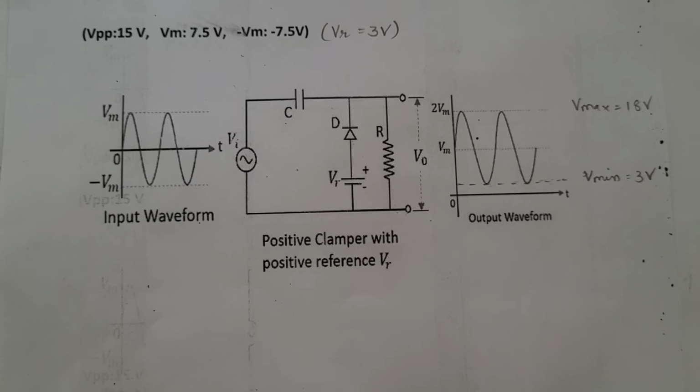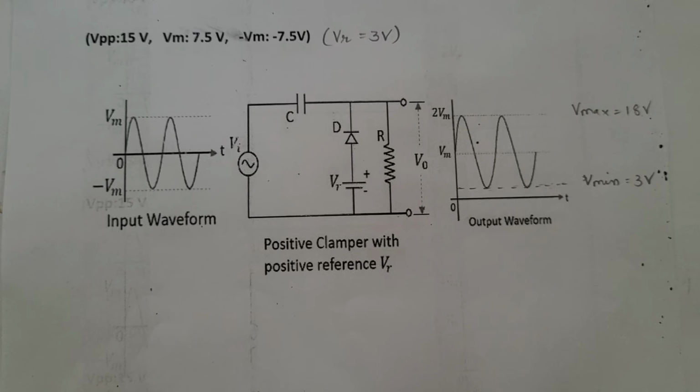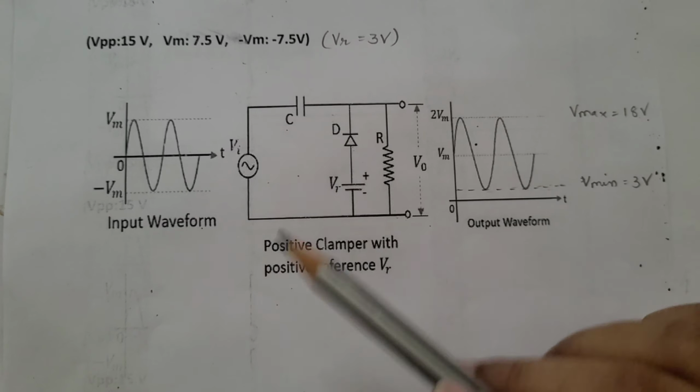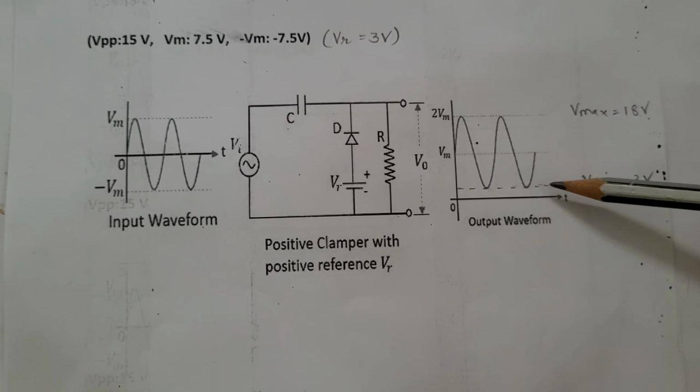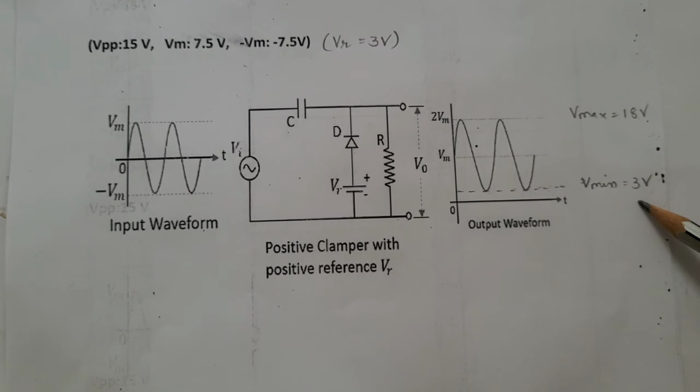The second type is positive clamper with positive reference voltage VR. This circuit shifts the AC input signal to the positive portion at a positive reference voltage.